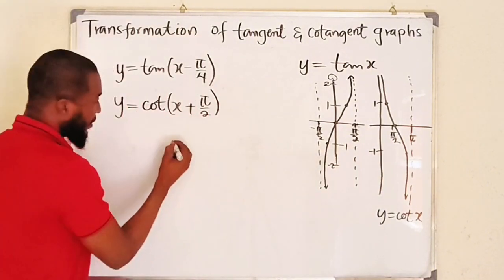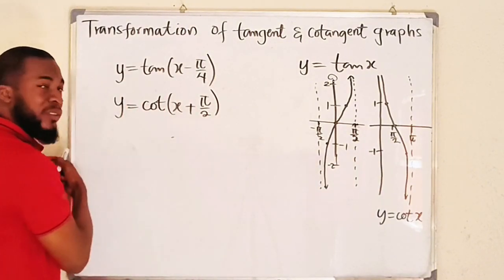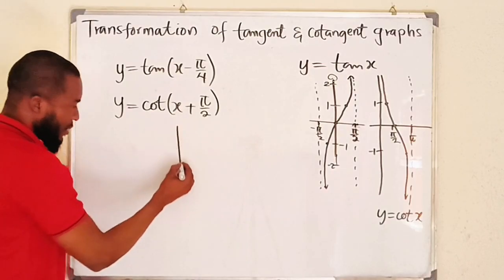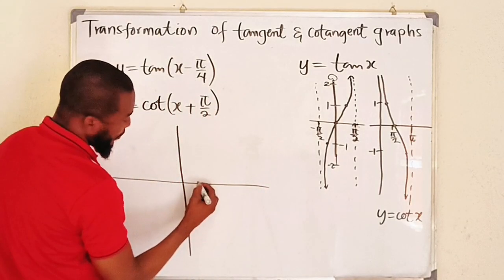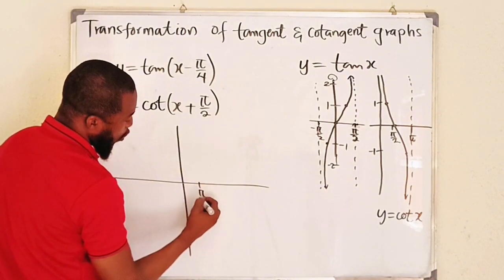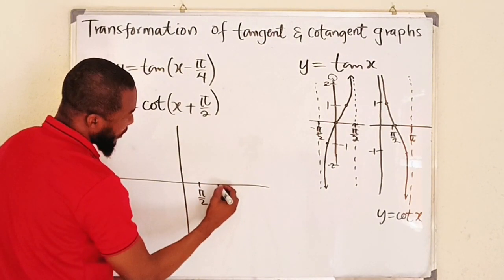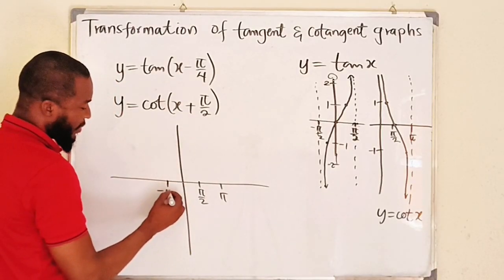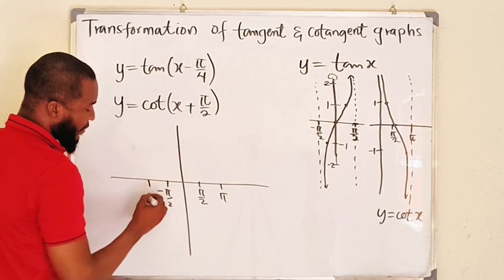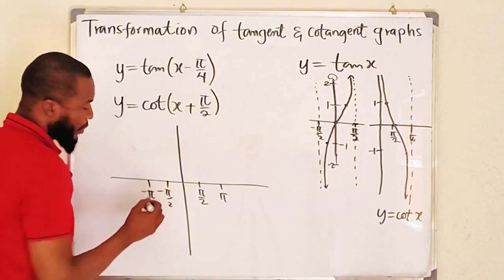Cotangent, remember this is that. Because this is positive, it is going to be shifted to the left. We have pi over 2 here, we have pi here. If you come to the left, we have negative pi over 2, we have negative pi.